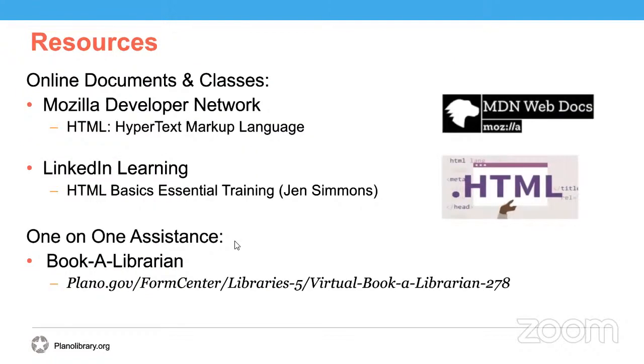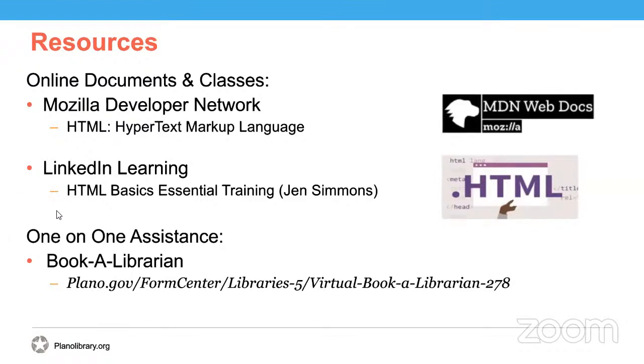Some resources I'd like to highlight include the Mozilla Developer Network and LinkedIn Learning, where you can find more information on HTML. MDN contains a lot of information such as resource guides and tutorials on HTML, CSS, and JavaScript.